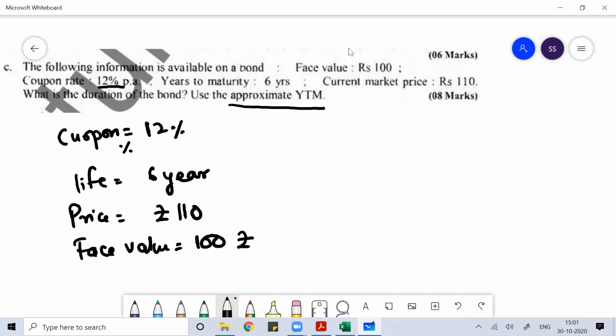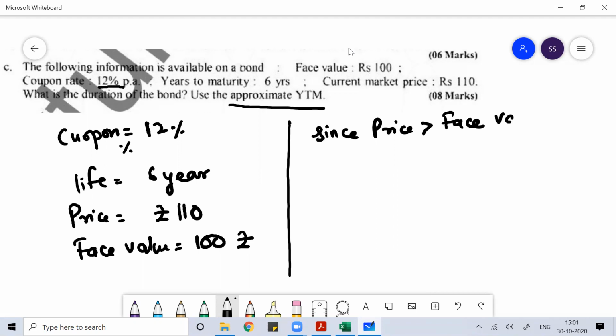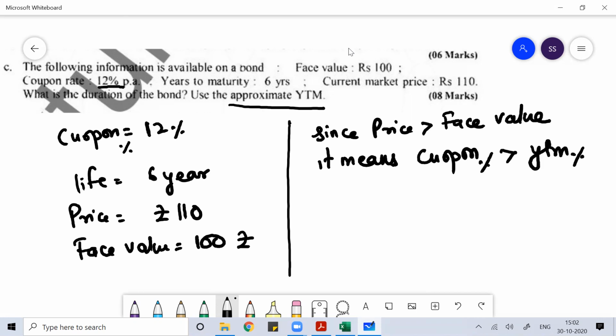You can understand one part: since the price is more than the face value here, it means that the coupon percentage would be more than the YTM percentage. So the value of the YTM you will get will be less than 12%. You need to understand that.